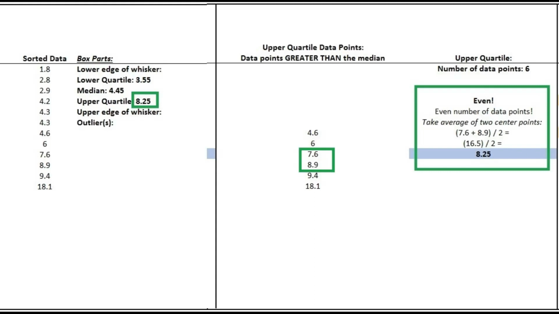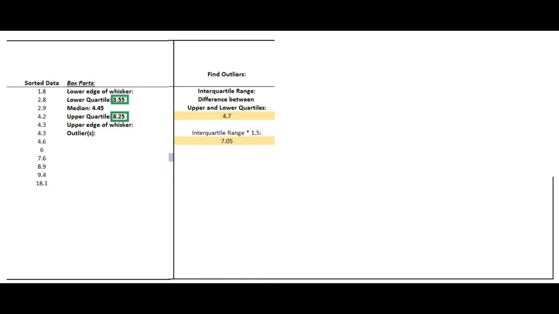So our upper quartile is 8.25. All right, now we can find our interquartile range. That's the difference between the upper and lower quartiles. So we have the upper quartile, 8.25, minus the lower quartile, 3.55, and that will give us 4.7. That's where that 4.7 comes from.